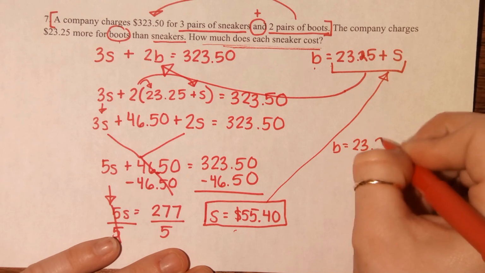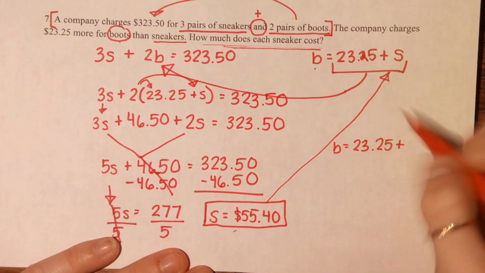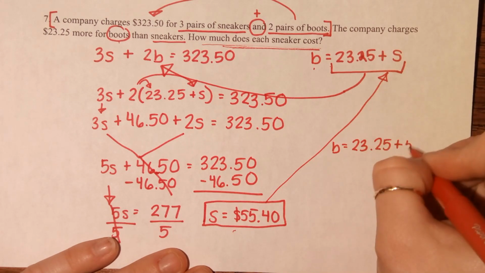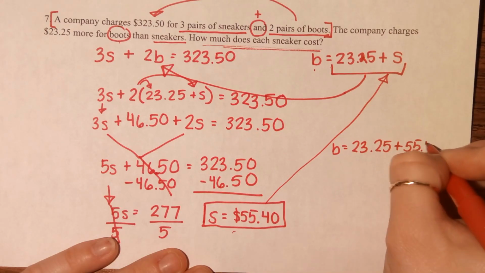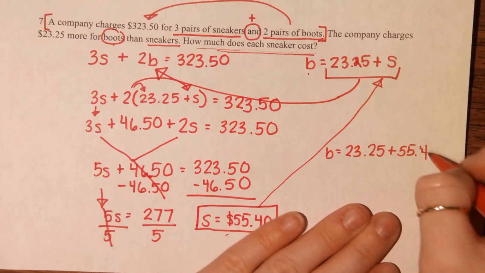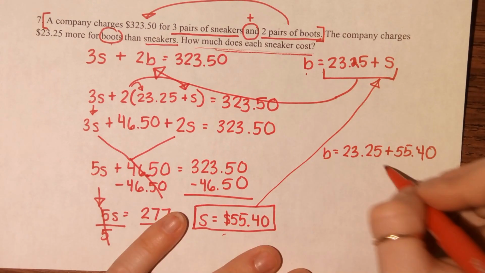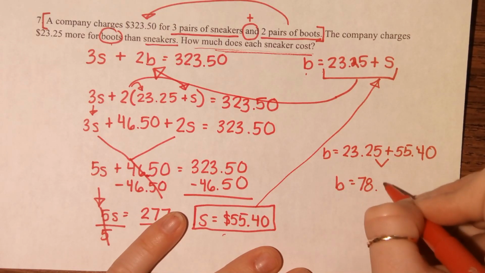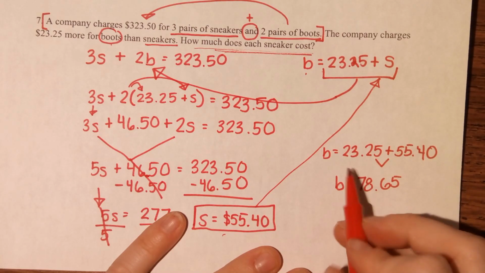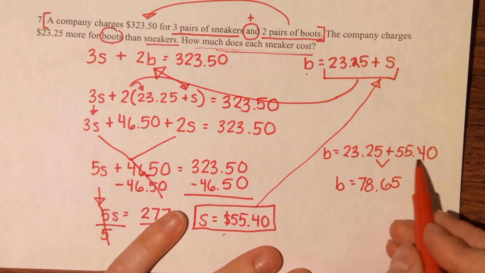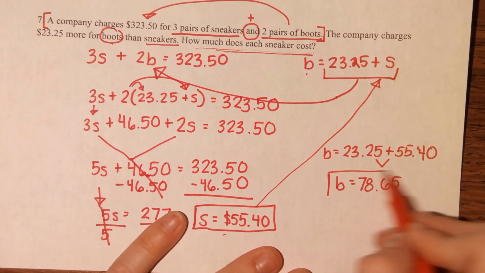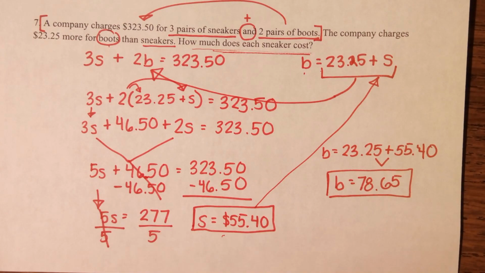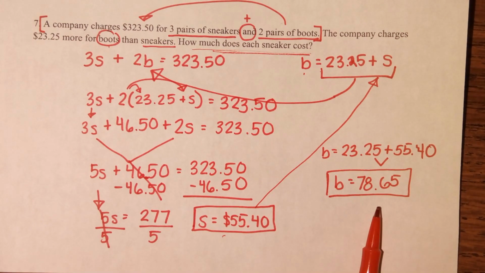Which ultimately gets us 78.65. 23.25 plus 55.40 gets us our cost of boots. So now we know how much our sneakers cost, how much our boots cost, and how much total a company charges for that many. Awesome. Now let's move on to question 8.